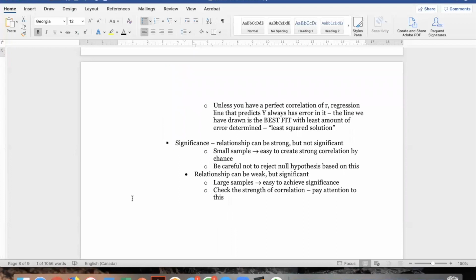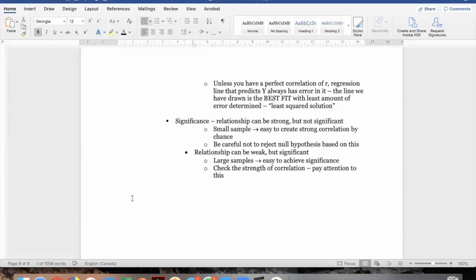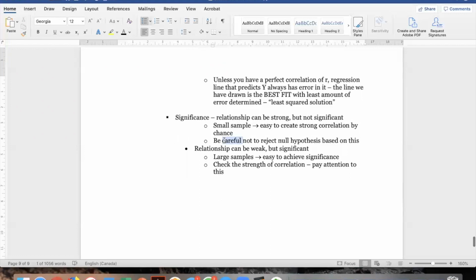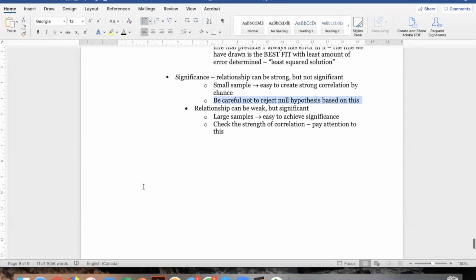It may be that one looks like it's maybe 0.7, but it's not really a significant finding, because when you have a small sample, it's easy for it to look like there's a correlation when there isn't necessarily. And we'll talk more about that error later.